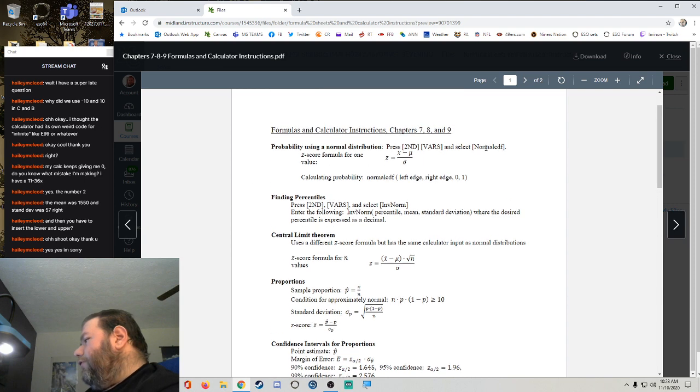So here's our normal CDF that we were talking about, z equals x minus mu over sigma. Then on the calculator, you do normal CDF, we have the left edge, the right edge, 0 and 1. Now finding percentiles, this is what we're looking at. On the 83s and 84s, it's second vars and select inverse normal.